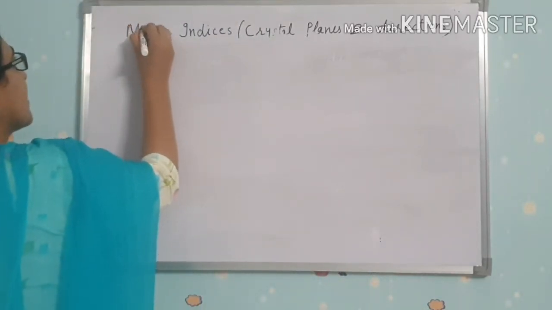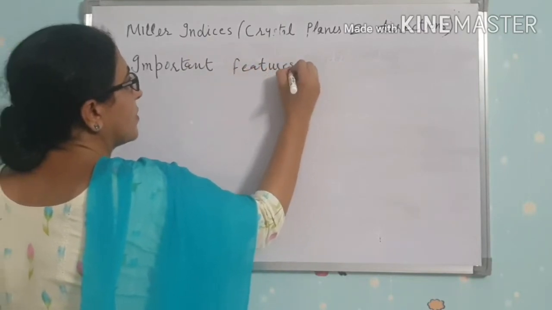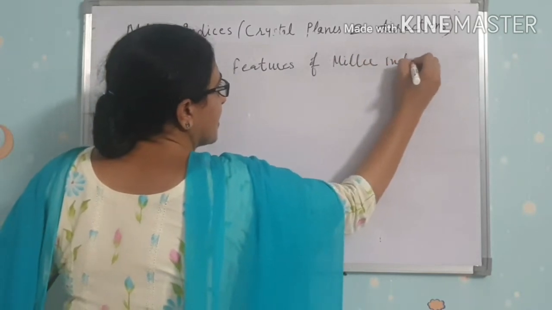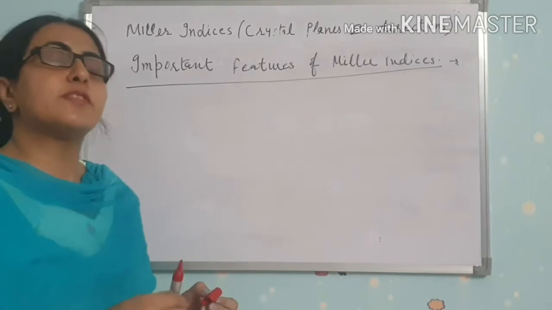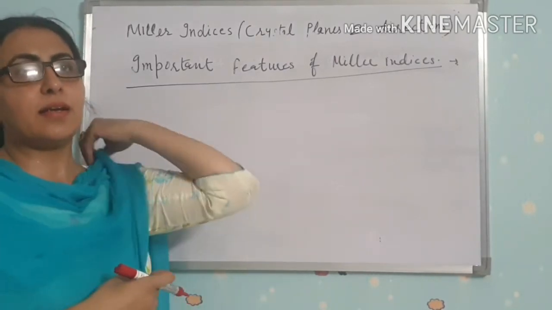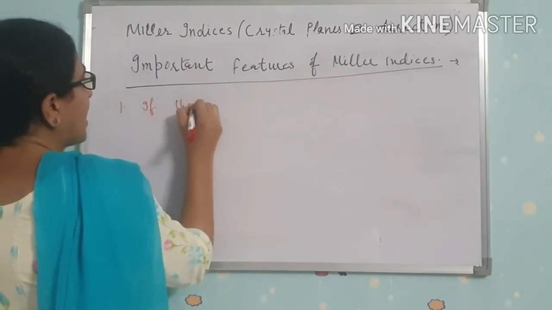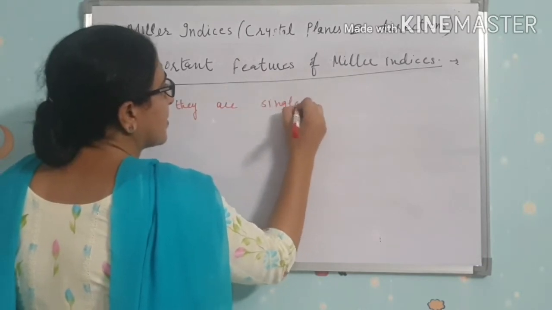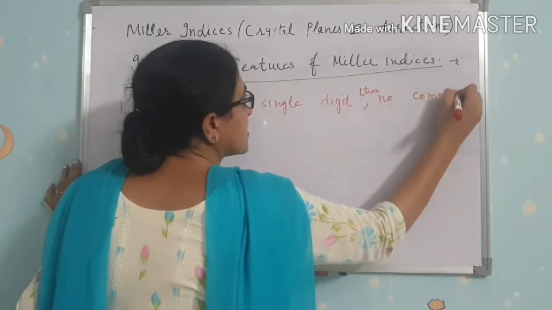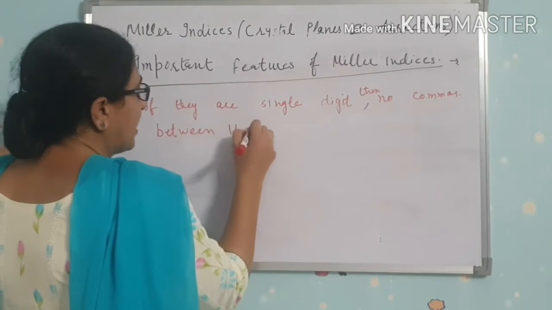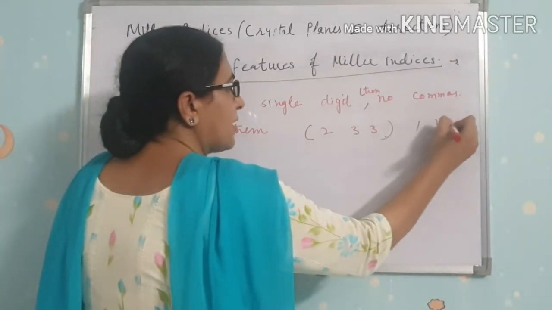The first feature is that when Miller indices are of single digit, then there is no comma between them, like 2 3 3 or 2 2 3, or 1 1 1, 2 2 2.